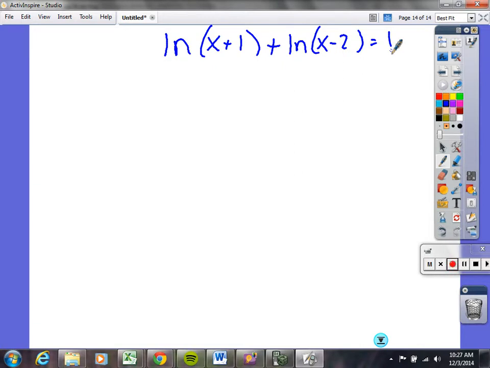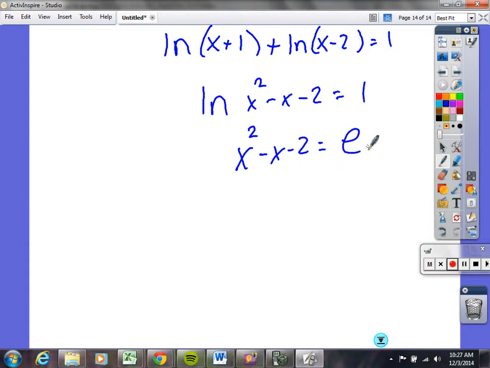Do the same thing, right? So that would be ln of x squared minus x minus 2 equals 1. Then go x squared minus x minus 2 equals what? e. Now that ain't pretty, is it? No. Then you're just back to here.